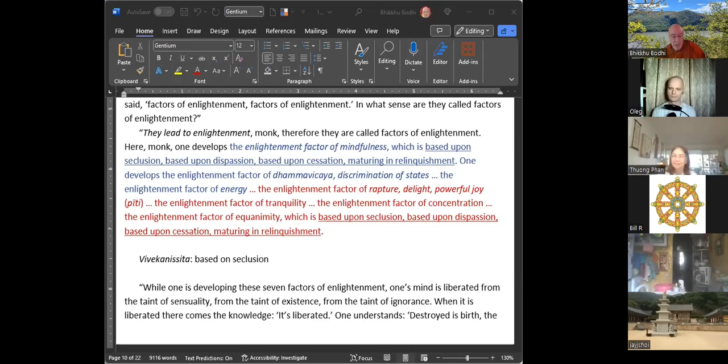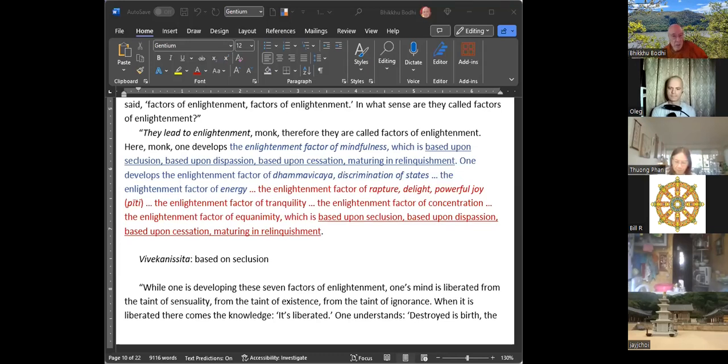And then the third type of seclusion is called upadi viveka, which we could just translate as ultimate seclusion. And this is referring to nibbana, and nibbana is called seclusion because it is secluded from or separate from all the impermanent phenomena of the world. And so this is the goal of the enlightenment factors, the aim of the practice.